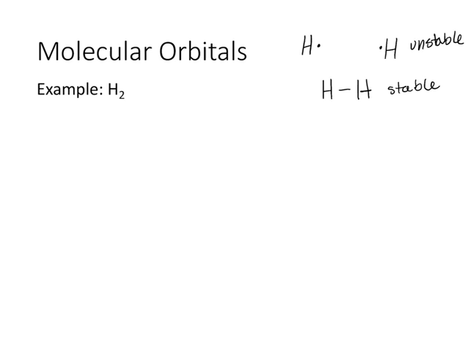Okay, so now with molecular orbitals, we start with our individual atoms and their orbitals. So each hydrogen again has one electron. And which orbital is that electron in? A 1s orbital.